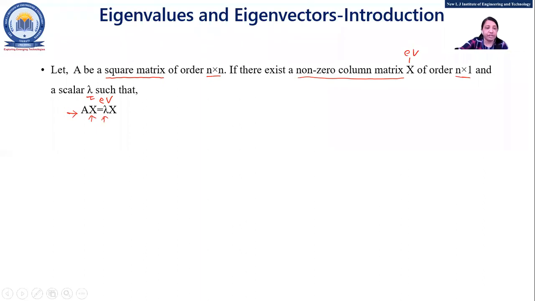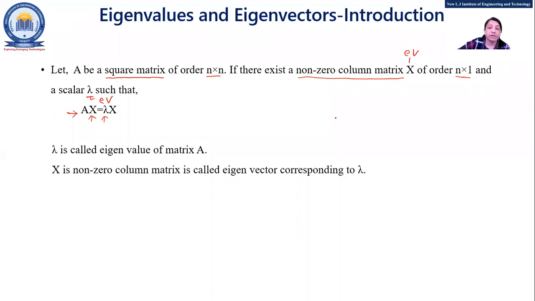In that, lambda is called the eigenvalue of the matrix, and x is a non-zero column of order n cross 1. It is called the eigenvector corresponding to lambda.